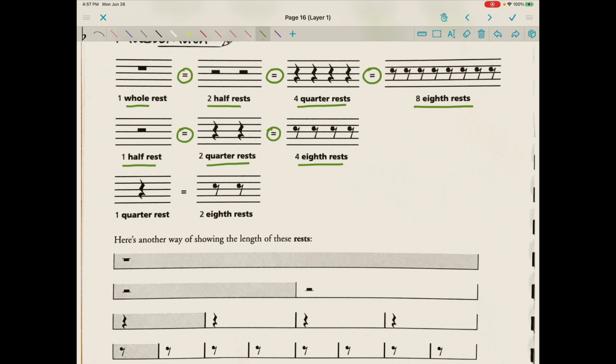And really, we're just doing fractions here, right? Half is equal to a quarter plus a quarter, which is equal to an eighth plus an eighth plus an eighth plus an eighth, right? We can literally turn them into fractions if that in any way is helpful to you. 1 quarter rest would be equal to 2 eighth rests.